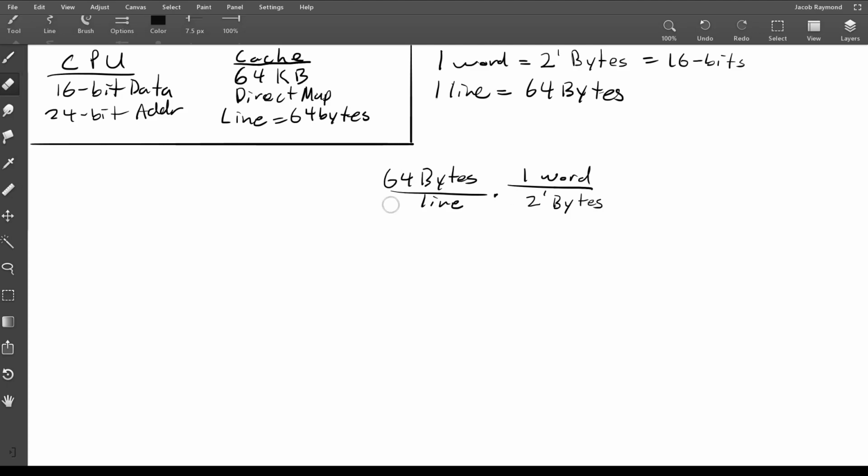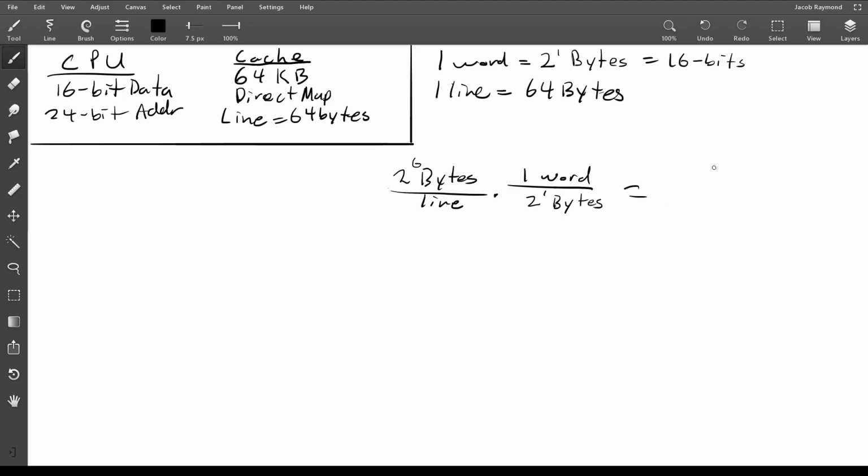So 64 is 2 to the power of 6, so 2 to the power of 6 minus 1. We get that there are 2 to the power of 5 words per line. Again, just units for everything. So one line is 64 bytes, which is just 2 to the power of 5 words.